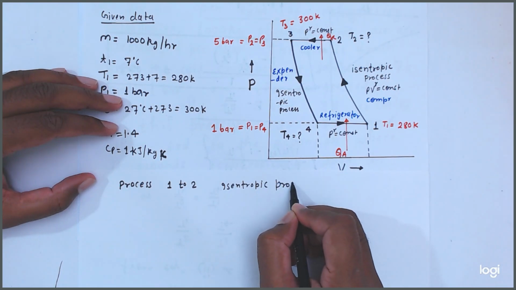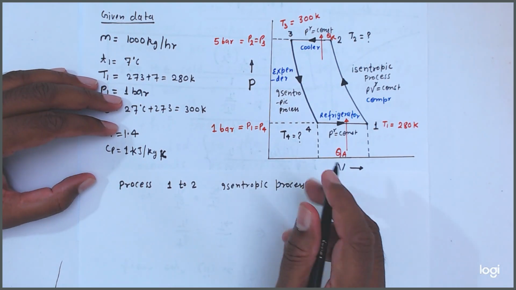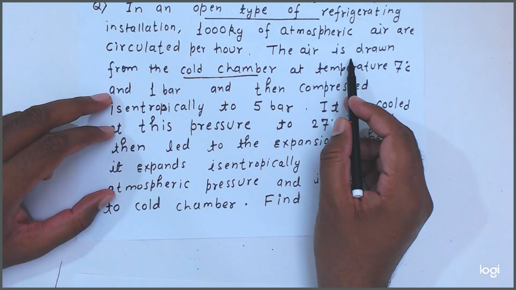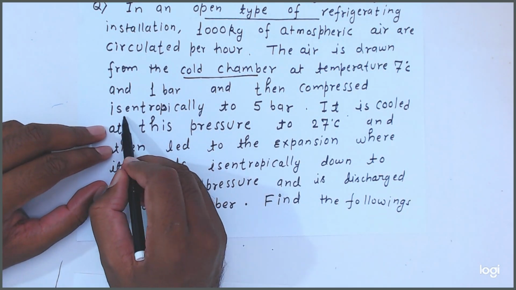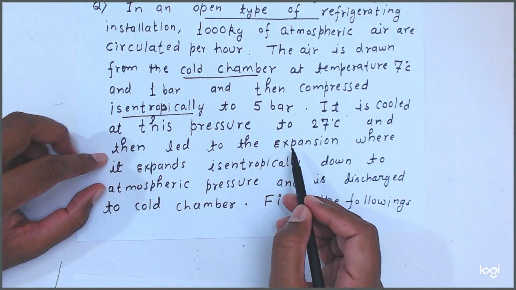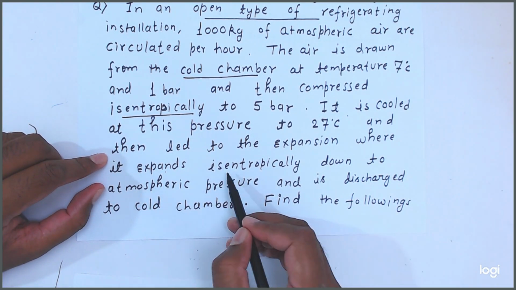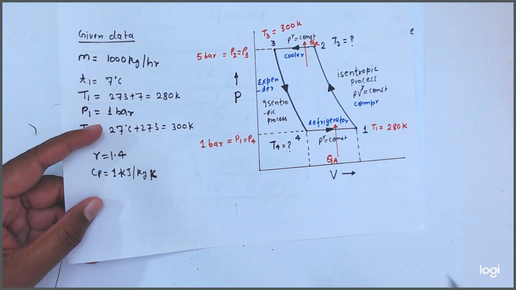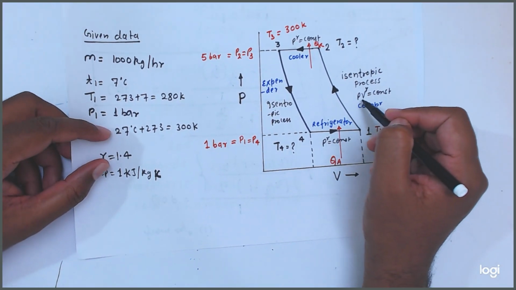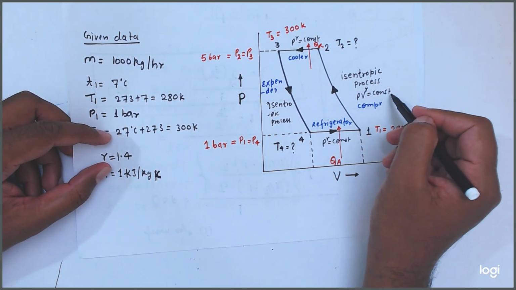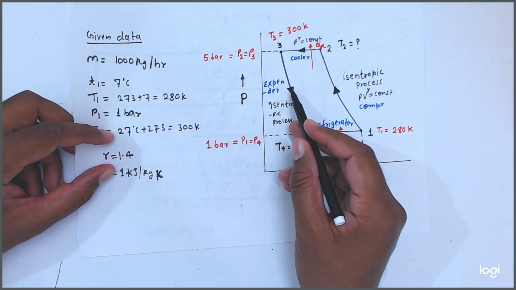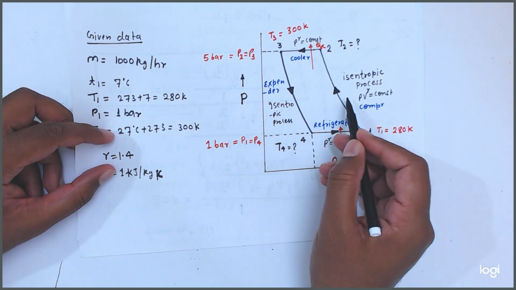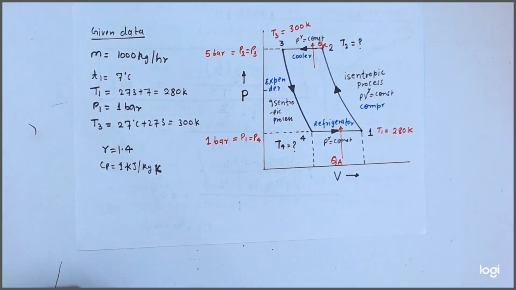Isentropic process, because it has been given that it compresses isentropically, and expands also isentropically. So in both cases it will follow pv to the power gamma is equal to constant, it is an isentropic process.